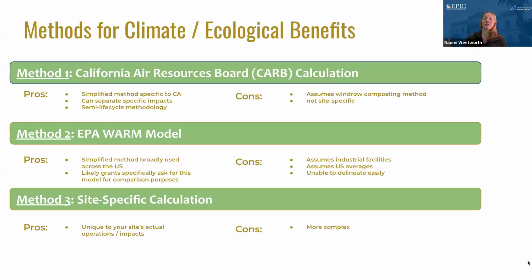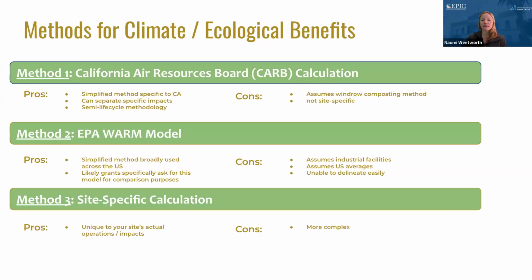Each really has their own pros and cons when you're looking at each calculation method. The pros for the CARB calculation would be it's a simplified methodology. It is specific to California, landfills, and composting facilities.